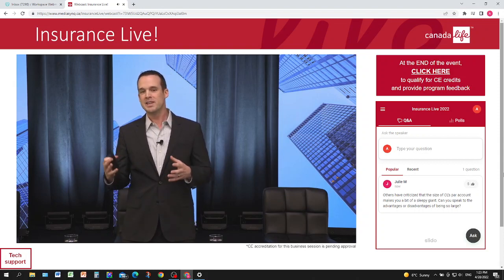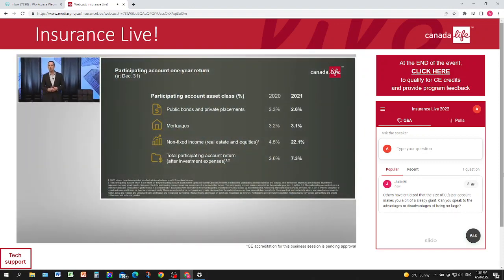So overall, I'm pleased to announce that our participating account one-year investment return in 2021, including our surplus assets, was 7.3%, approximately double our account return in 2020, despite continued pressure from low interest rates.